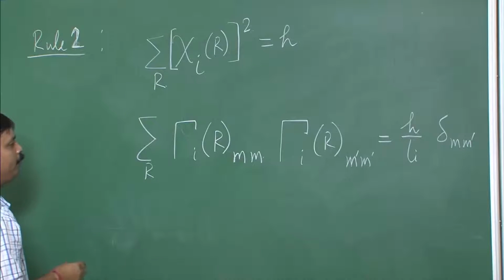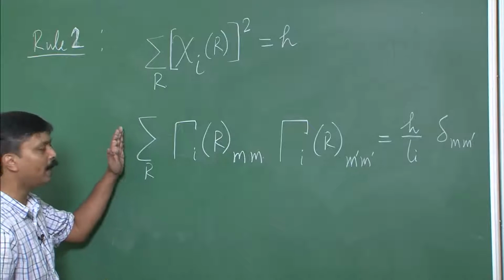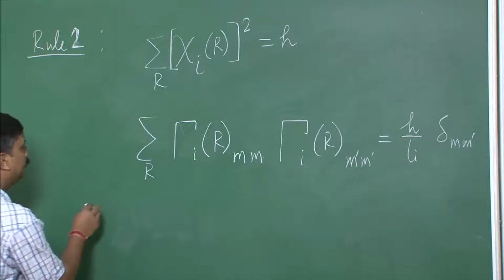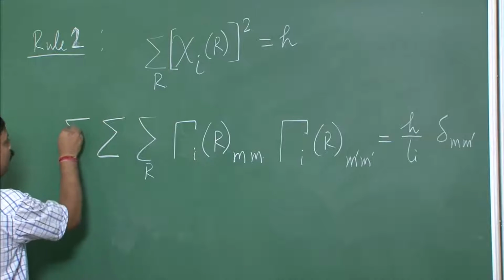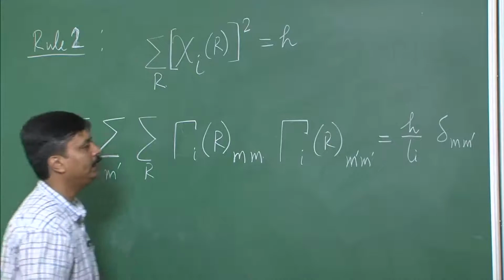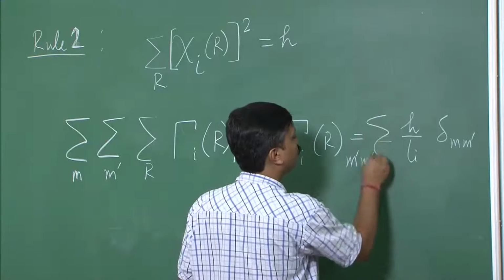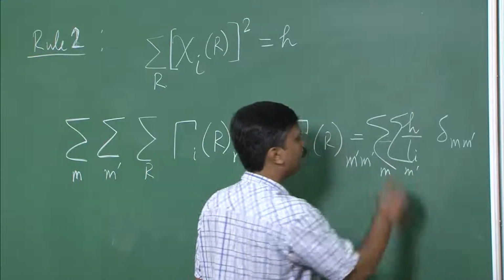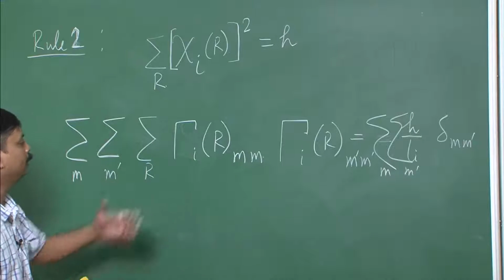If I sum over m and m' separately on both sides, then let's see what happens. So if I sum over m and m' on this side as well as on the other side, let's figure out what we get.